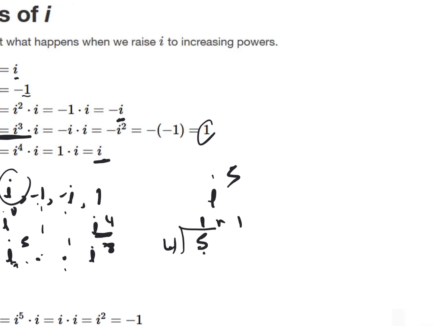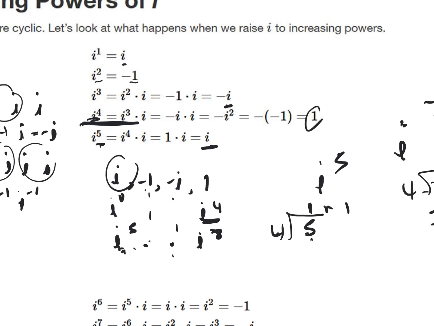Let's do i to the 7th. All I really care about is if I take 7 divided by 4. Again, I get through one full pattern, and 1 times 4 is 4. If I subtract it, there's 3. There's 3 more then. I haven't finished another pattern. So what would the third one be?